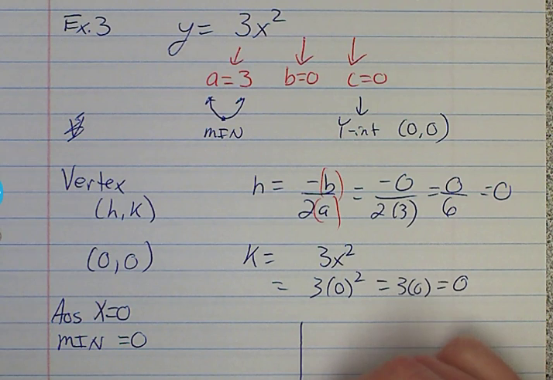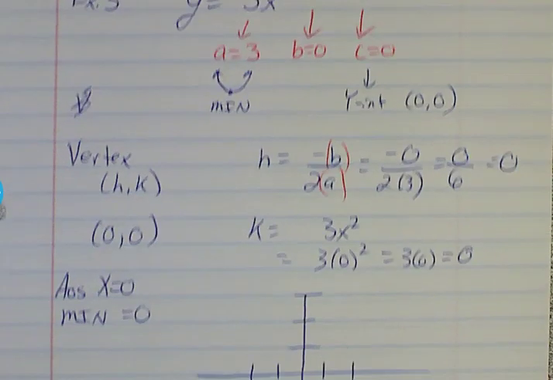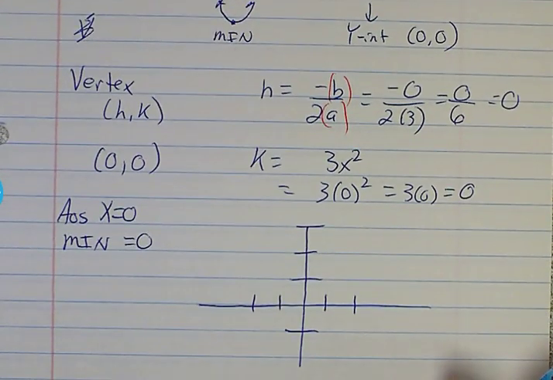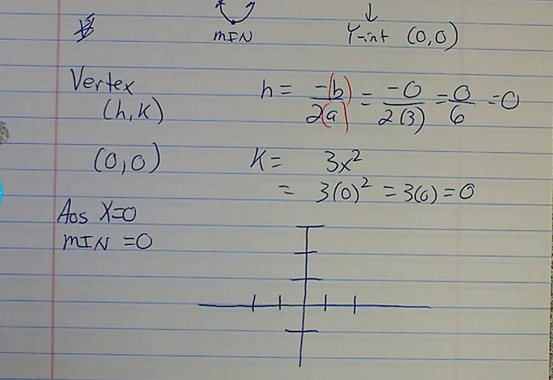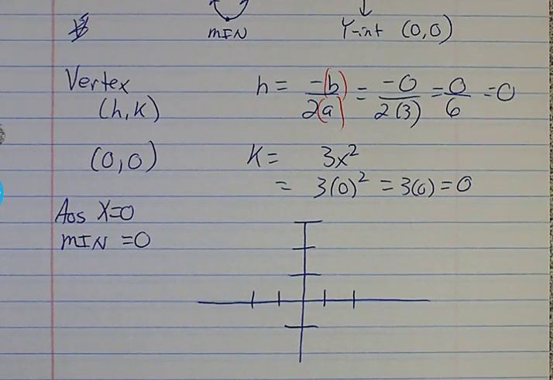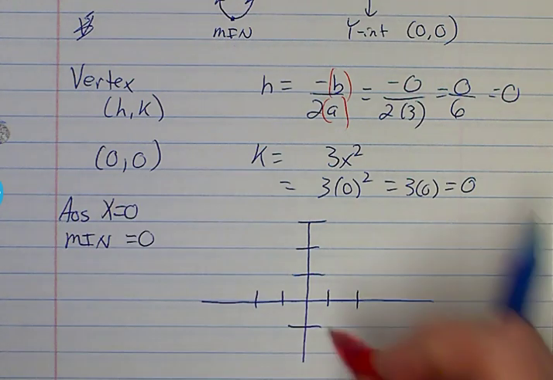So now we're just going to graph it. And this one, you don't need a very big graph. Probably 3 lines up and a couple either side. That's about all we have to have. Okay, so vertex 0, 0.